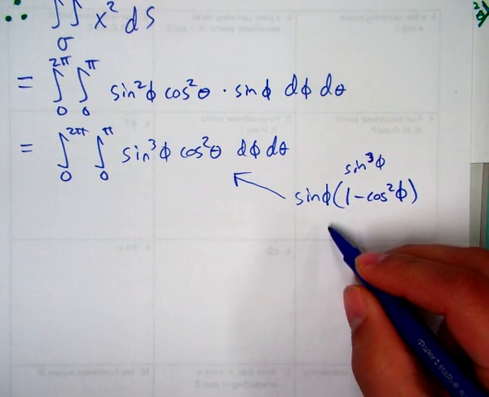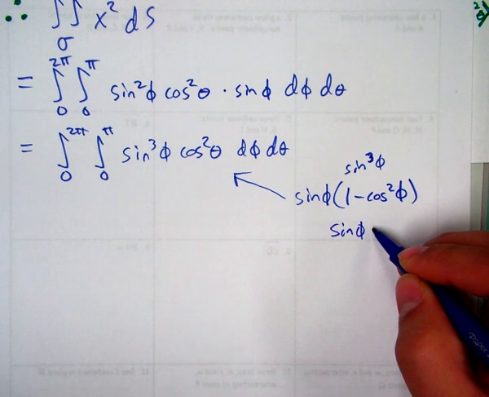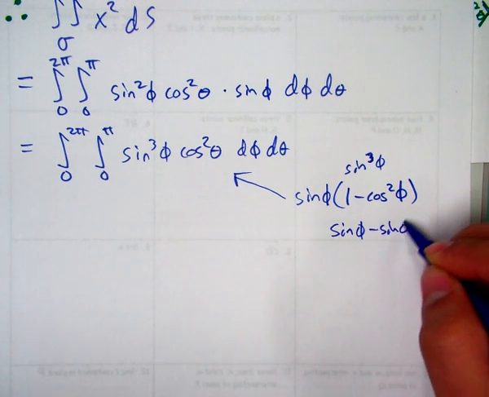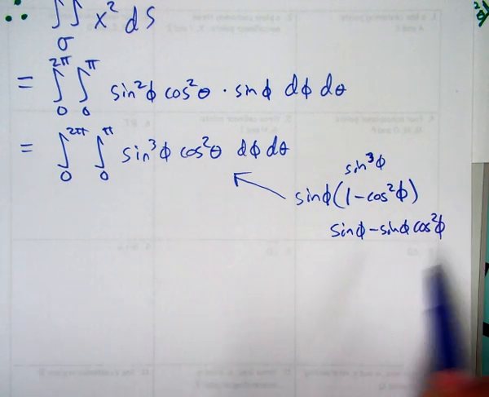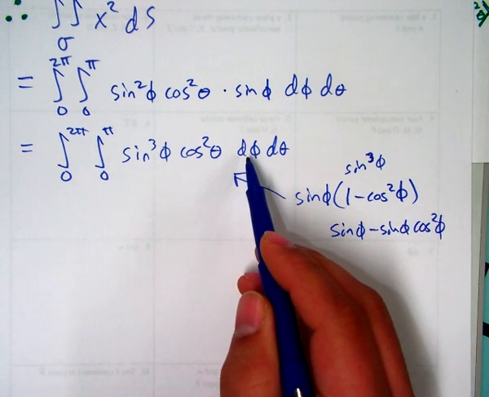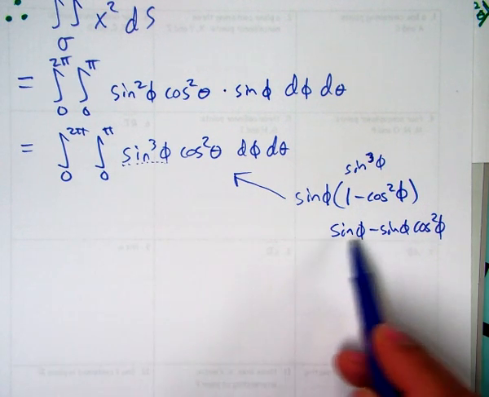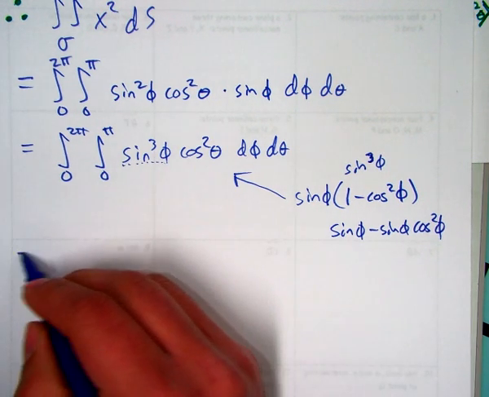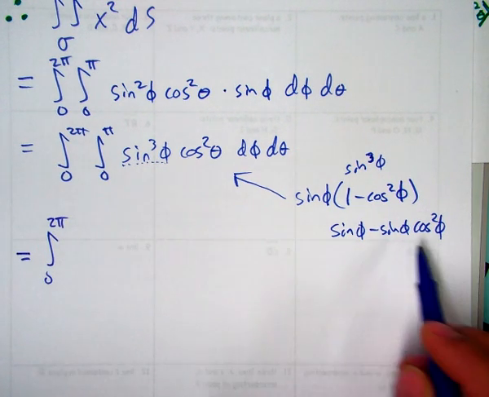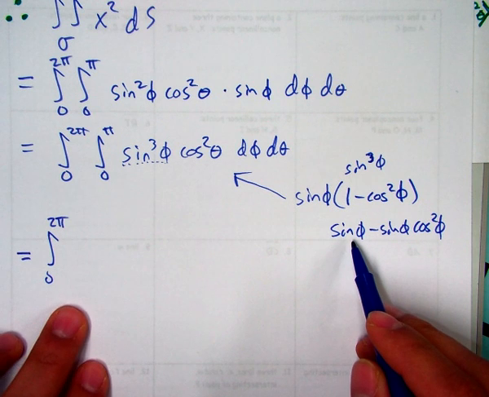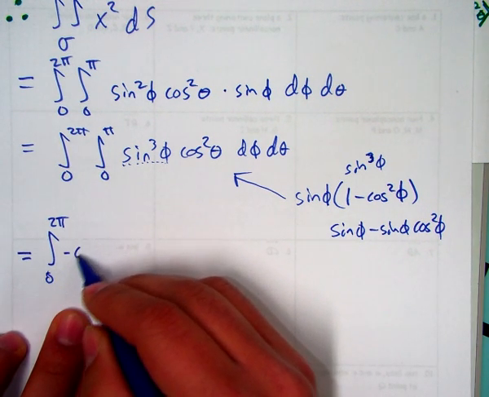This becomes sine phi minus sine phi cosine squared phi. Because we're integrating with respect to phi first, we need to think of sine cubed as this function over here, so that when I integrate, the sine phi part becomes minus cosine phi.